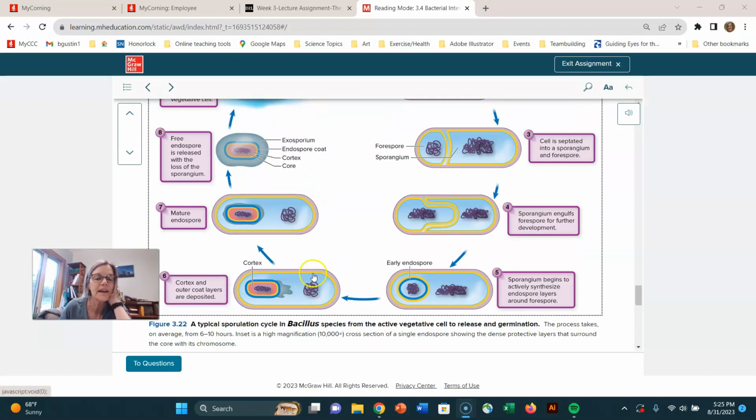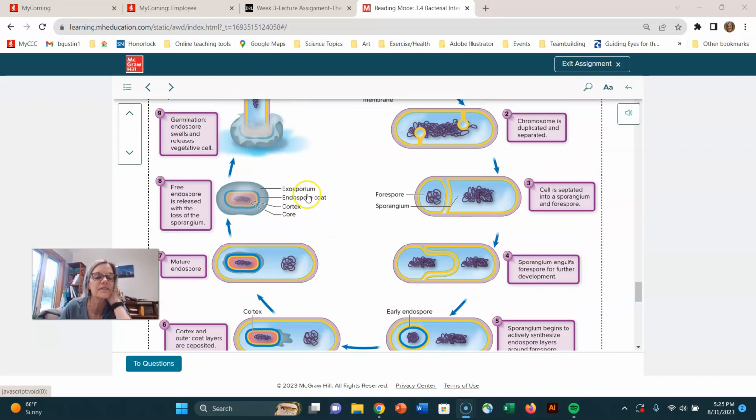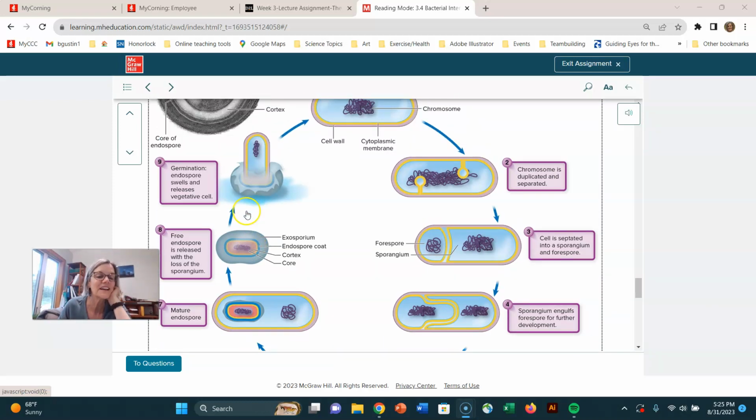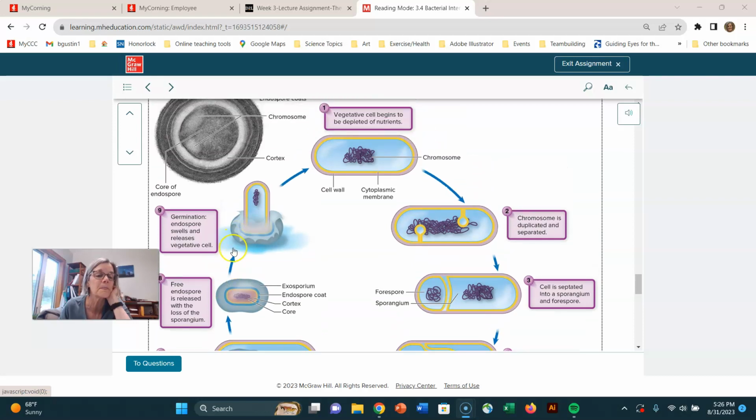And eventually what happens is the vegetative cell just kind of dies off, it disintegrates, and you just have an endospore. And this thing, like we said, can sit there for many, many years, or it might just be a few hours. It doesn't matter. It just depends on what the situation is.